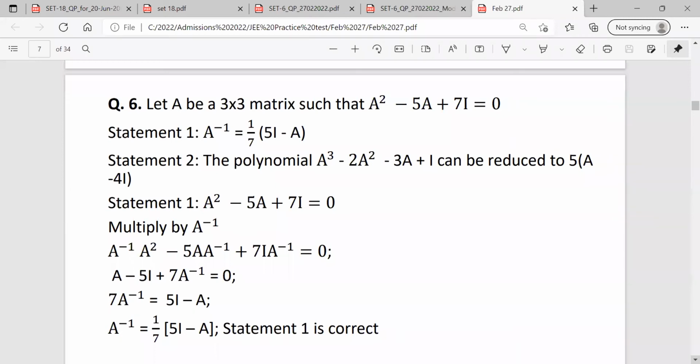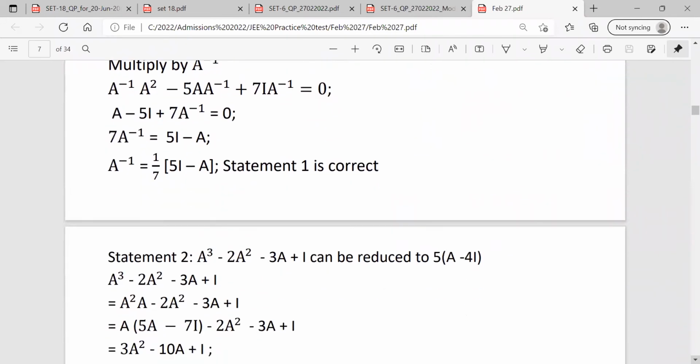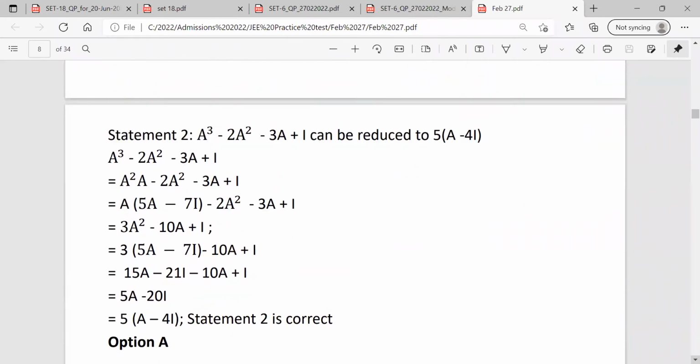And statement 2 is the polynomial A cube minus 2A square minus 3A plus I can be reduced to 5A minus 4I. So we have an equation which is given as A cube minus 2A square minus 3A plus I, and we have to find out whether this can be reduced to 5A minus 4I.